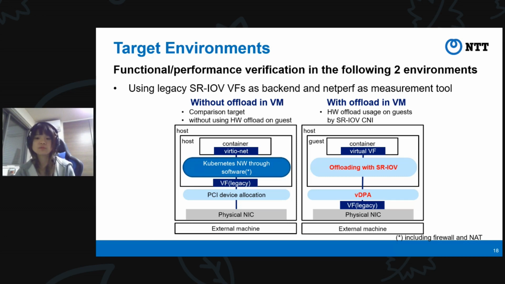This uses the Kubernetes network, including firewall and network processing through software. The right figure is the environment applying our approach, Virtual PF. Hardware offload is used on the guest by the SR-IOV CNI in this case.